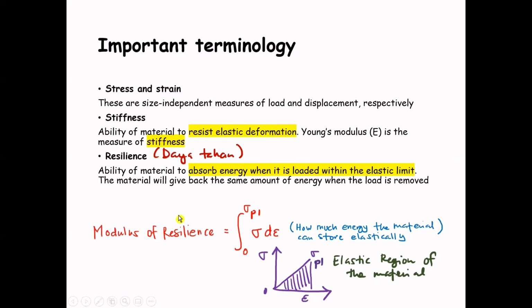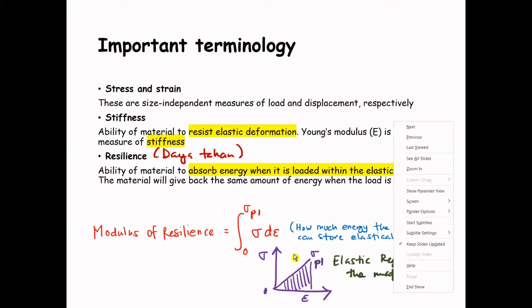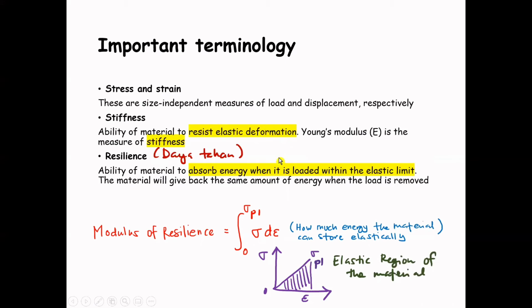And here we have the modulus of resilience that can be defined as the total elastic strain energy per unit volume for the area under the elastic portion of the stress versus strain diagram, like what we have here. So the area under the elastic region is the modulus of resilience of that particular material.